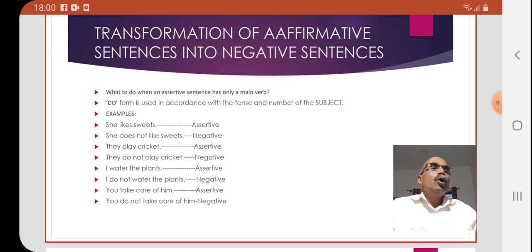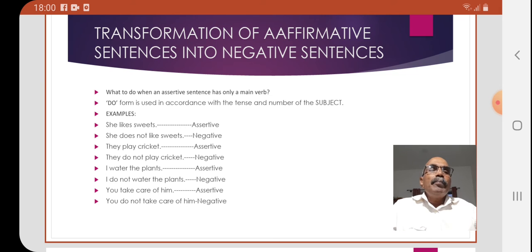Here we have used the do form and we have added not between the auxiliary and the main verb water and changed it into a negative sentence.